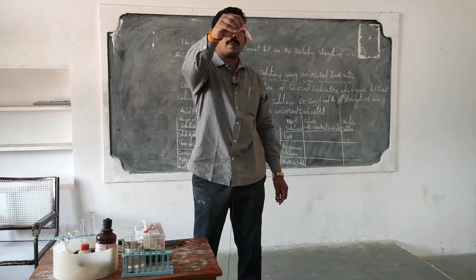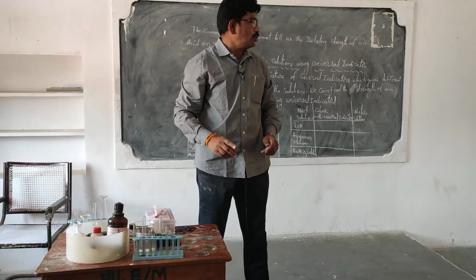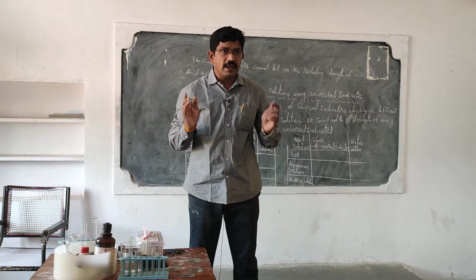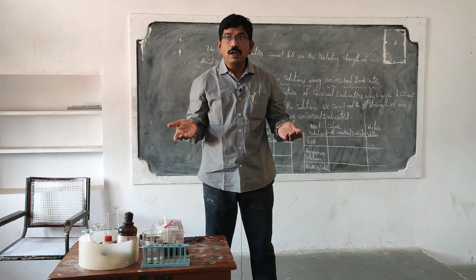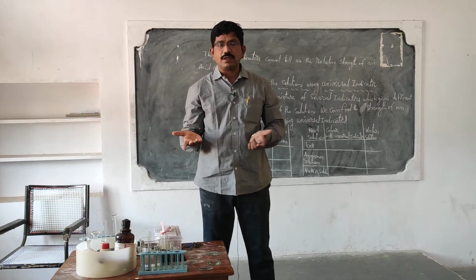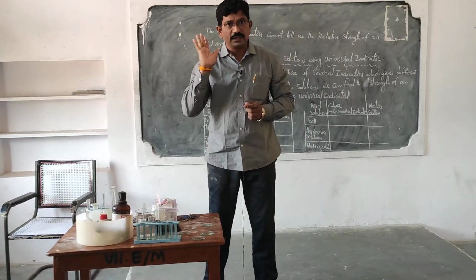There is no change in the color of the blue litmus paper. So we can say that it is a base. No change means it is a base. Blue litmus turning to red happens only in the presence of acidic media, in the case of acids.